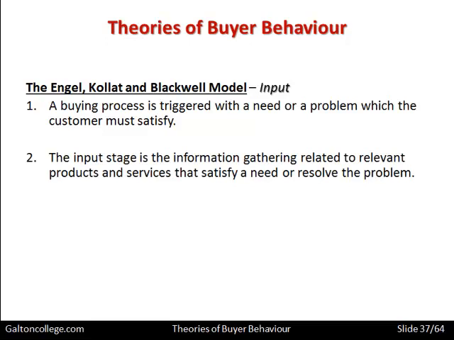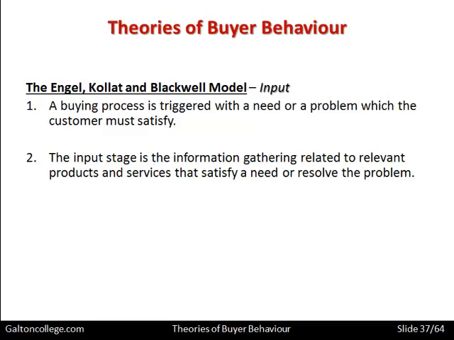The input stage is the information gathering related to relevant products and services that satisfy a need or resolve a problem. So having identified the need, the consumer or the customer must then go about gathering information related to relevant products and services.